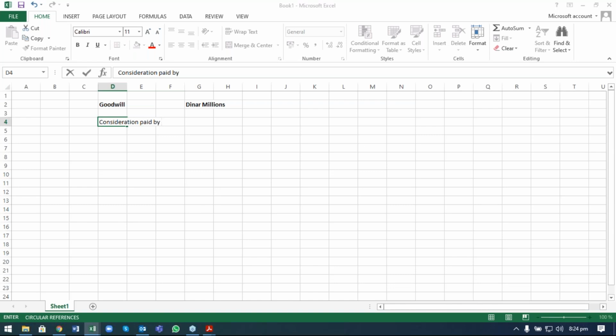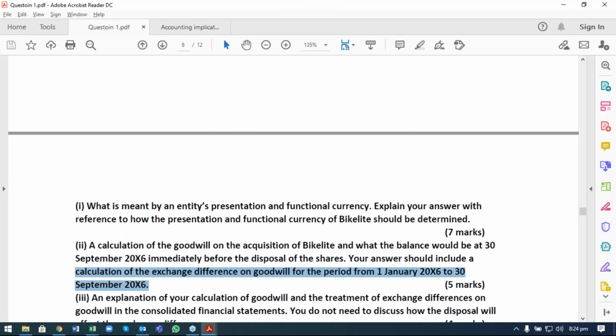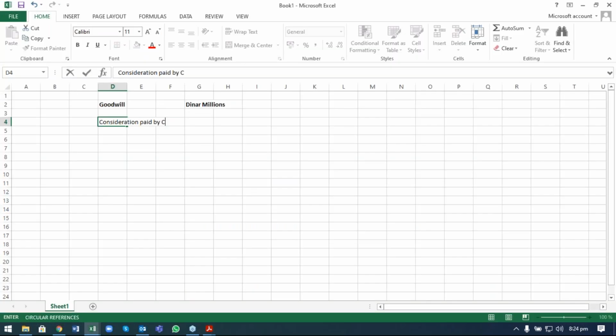And what is the parent company? The parent company name is Carbise. So why am I mentioning the name of the company rather than naming it as a parent? This will have a good impact on the examiner, that you are using the words provided within the examination, within the scenario, rather than using a hypothetical word for the parent company.